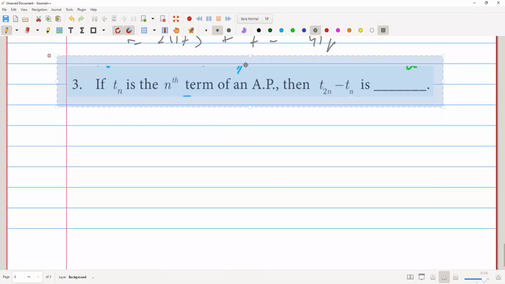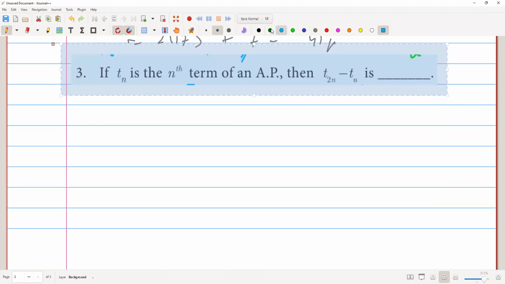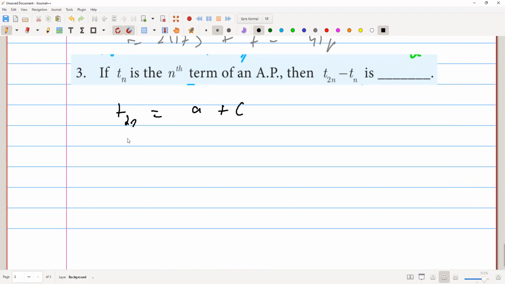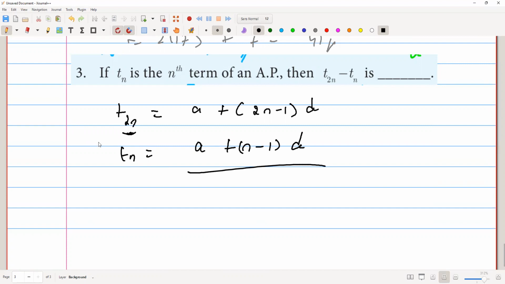Some need explanations, others we can proceed just like that. So T2n equals A plus, if I am putting 2n, you will be putting 2n minus 1, so 2n minus 1 into D. Tn is A plus n minus 1 into D. I'm going to subtract this. T2n minus Tn equals minus minus. A should get cancelled, so I have common difference D.